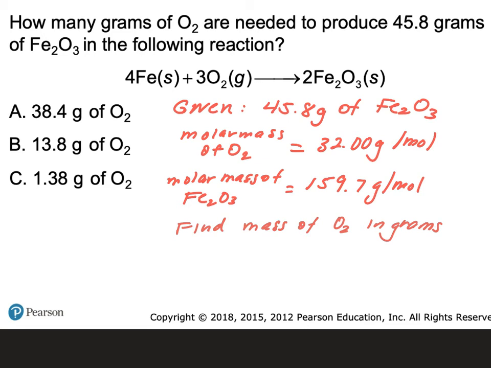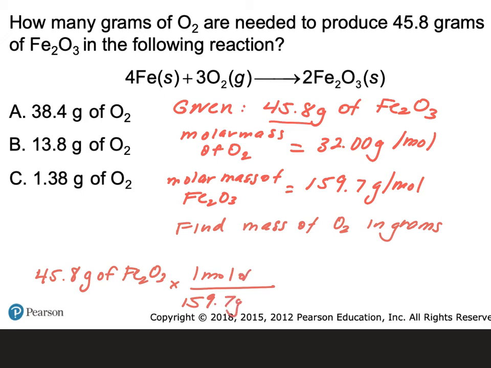All right, so again, this is just one big conversion. Start with what's given. And if you label your units well, everything should cancel out and help keep you organized. So I have given my mass of product.